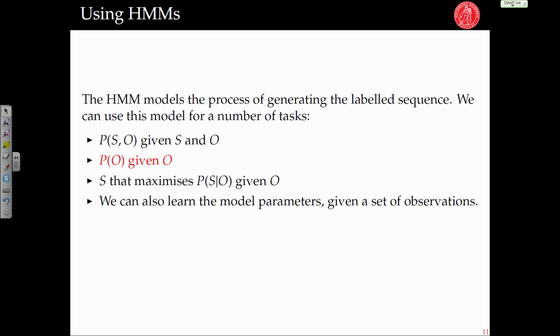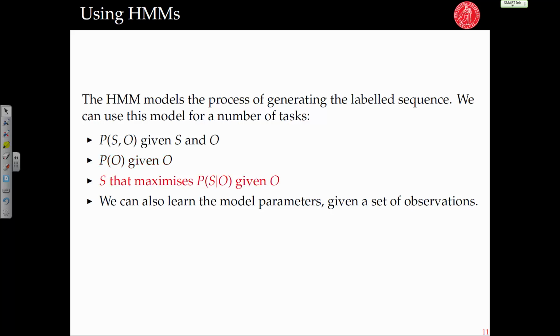But here it's more complex. Even though we just want to compute the probability of O, the sequence O, we still need to account for all the possible scenarios of the different hidden sequences. We will look at this later in the lecture, and how we can use a hidden Markov model as a language model.